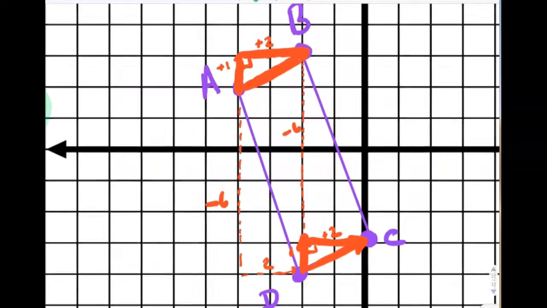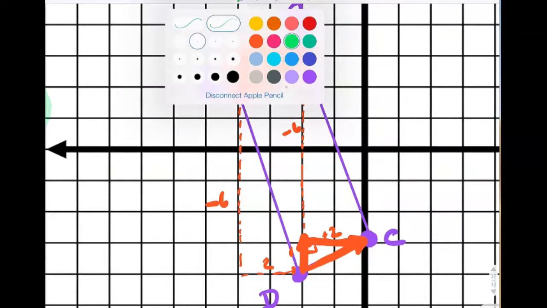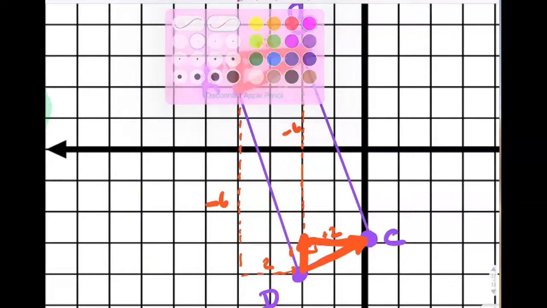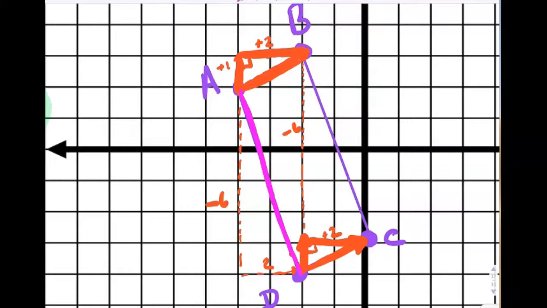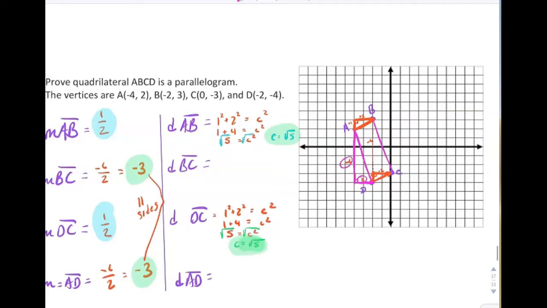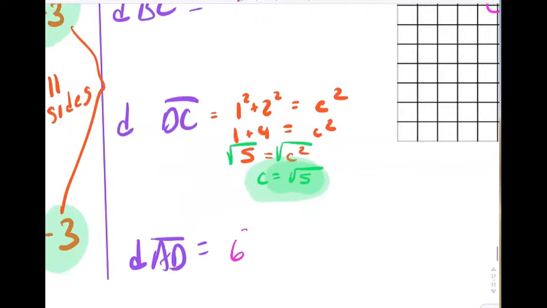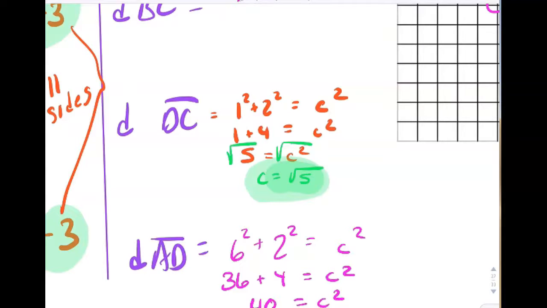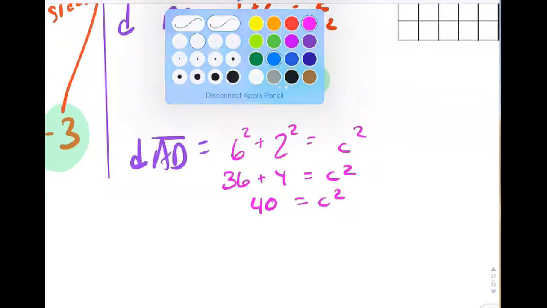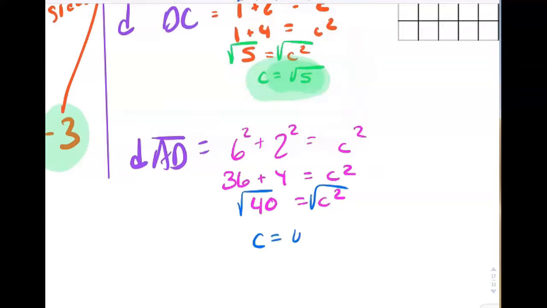And if you haven't guessed yet, these two sides are going to be the same because they're parts of these triangles. You have 6 here and 2 here, and you're trying to find the hypotenuse, and that's AD. So 6 squared plus 2 squared, 36 plus 4 is 40. So if we take the square root of 40, that's our answer.